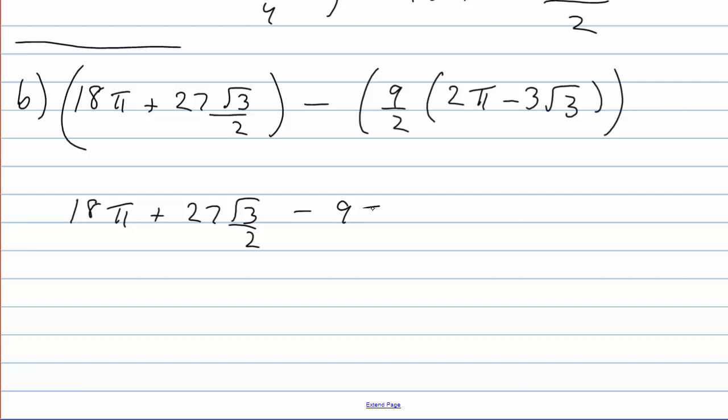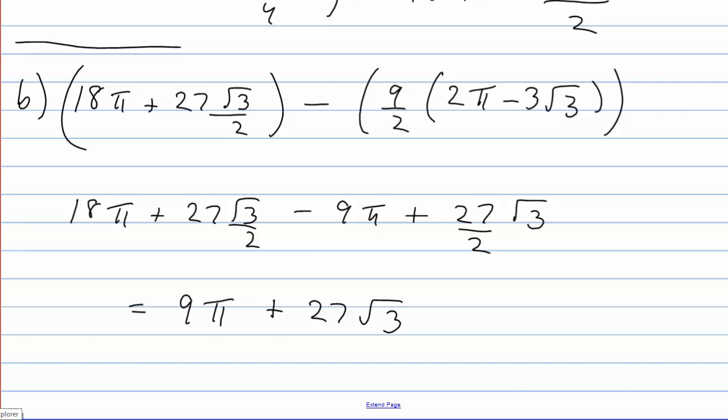We could simplify this to just 9 pi, and this would become plus 27 halves radical 3. So 18 pi minus 9 pi would become 9 pi, and we'd have 27 radical 3 over 2 plus 27 radical 3 over 2, which would just give us 27 radical 3. Okay, and that would be our answer then for part B.